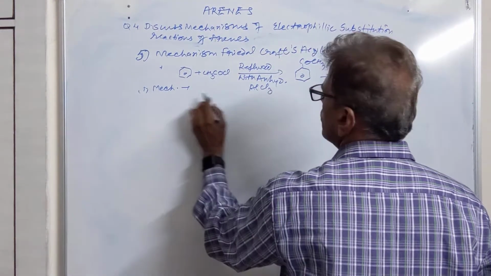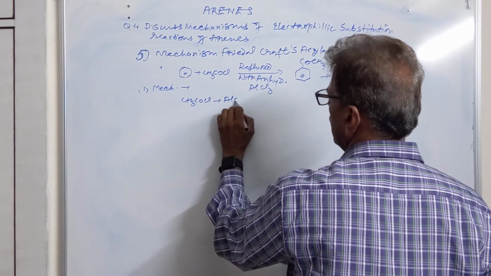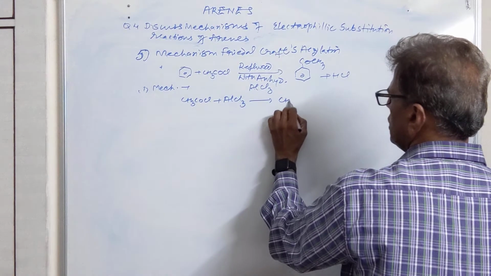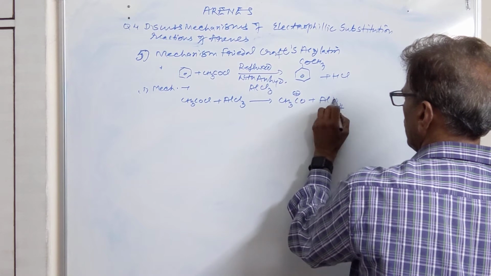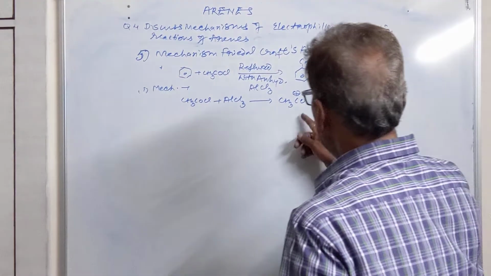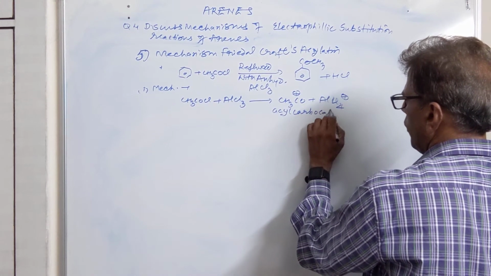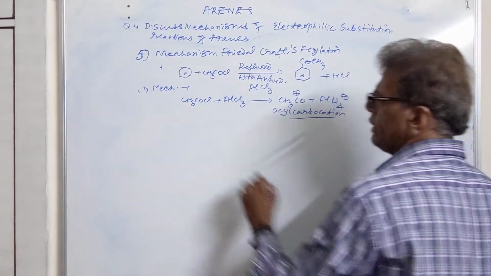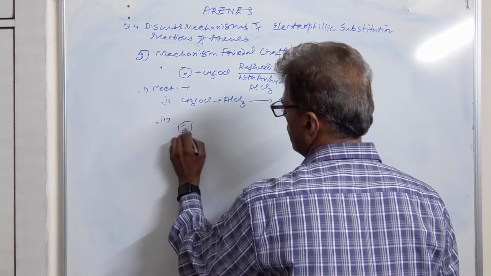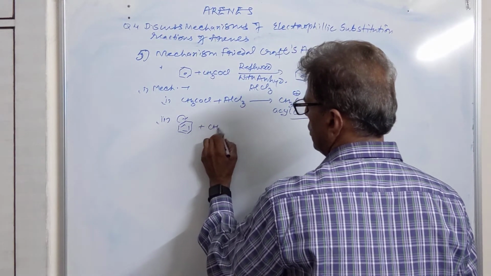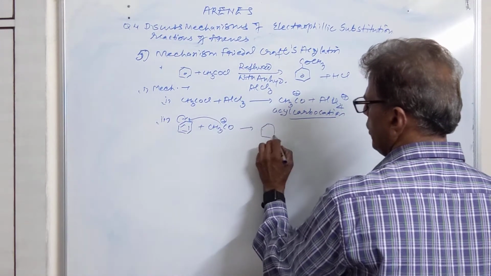First of all, CH3COCl combines with AlCl3, giving you CH3CO positive plus AlCl4 negative. This is the acyl carbocation. This is electron deficient and it is in search of electrons. So come to benzene. These electrons come here. The CH3CO carbon will attack here. Ultimately we get the product.